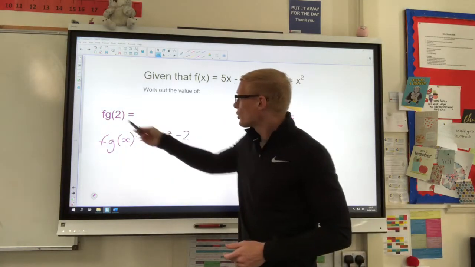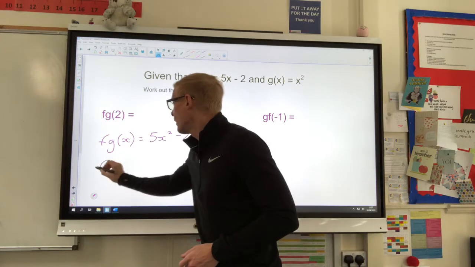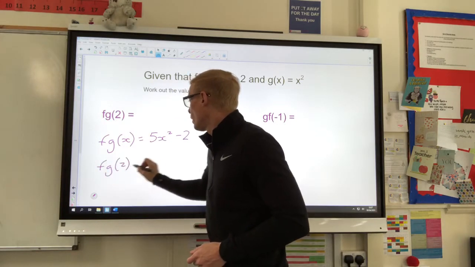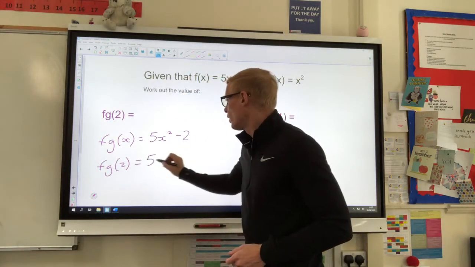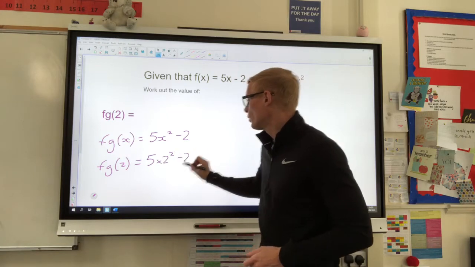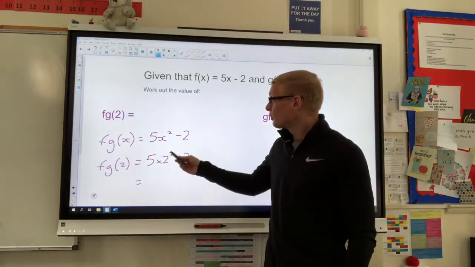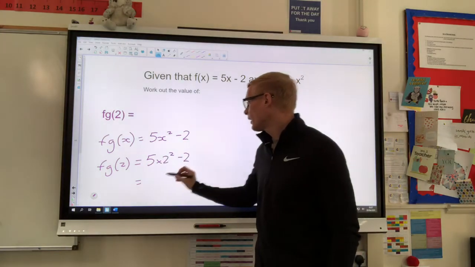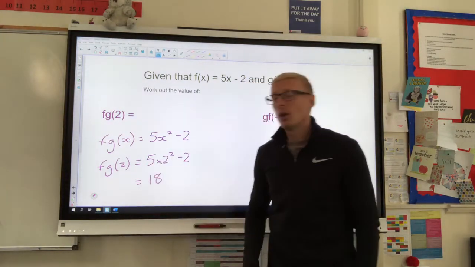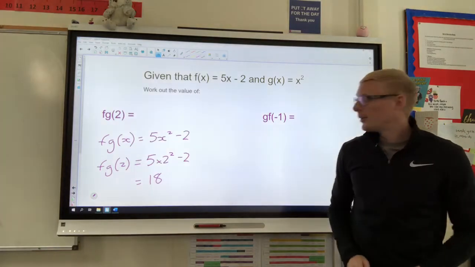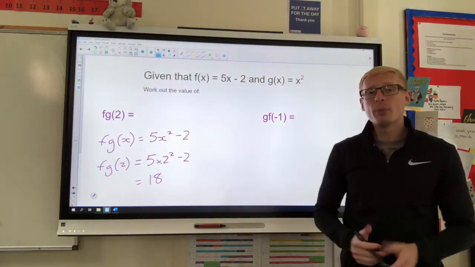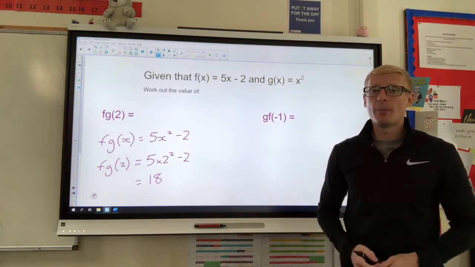You would then substitute 2 in where x is. So f of g of 2 would be 5 times 2 squared minus 2. Now remember in big maths means we need to square that first. So that's going to be 4 times the 5, 20, take away 2, 18. So that's the first method. To find the composite function first and then substitute the number into it.